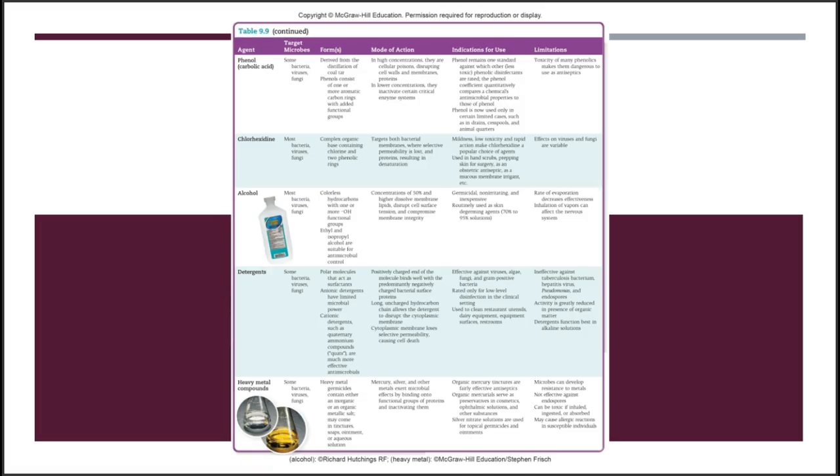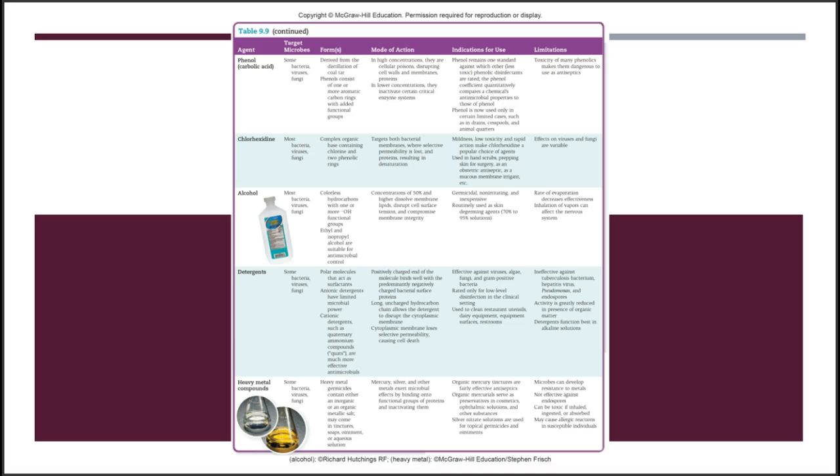And you'll notice the same here in the second part of this table. We've got a number of chemical agents listed here: carbolic acid, chlorhexidine, alcohol, detergents, and then heavy metal compounds. Each of these is going to have a different mode of action against the microbe, a different target, and then certain indications for their use and some limitations to their effectiveness.